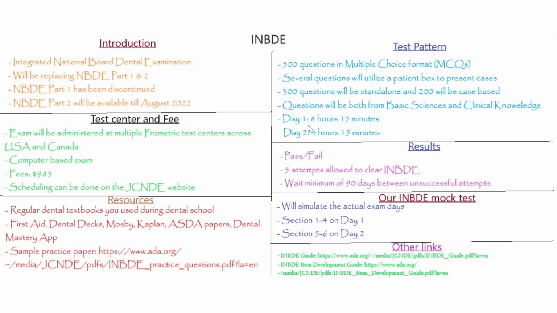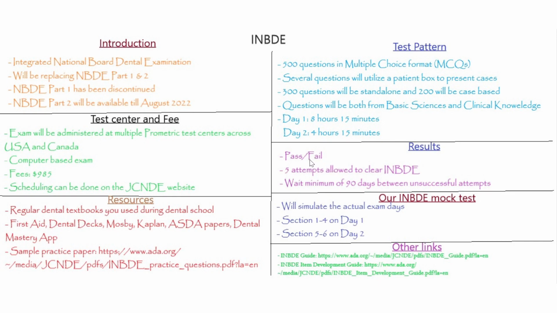However, due to COVID right now, there have been some modifications and you can choose the 2 days at an interval. Coming to the results, this exam is going to be a pass and fail exam.